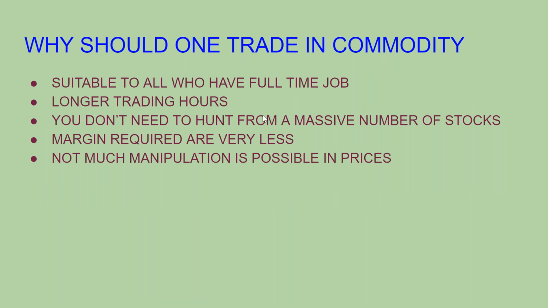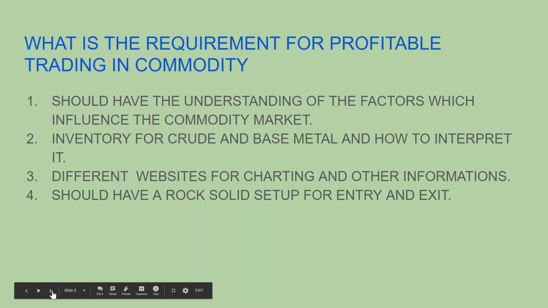If you're not trading in agri commodities, which close by 5:30, but in silver, gold, crude, and any other base metal, the market closes by 11:30, and you don't need to hunt from a massive number of stocks. The margin required is very less. You can even start trading with as small as about 4-5,000 rupees, and not much manipulation is possible in prices. Why? Because these are international commodities.